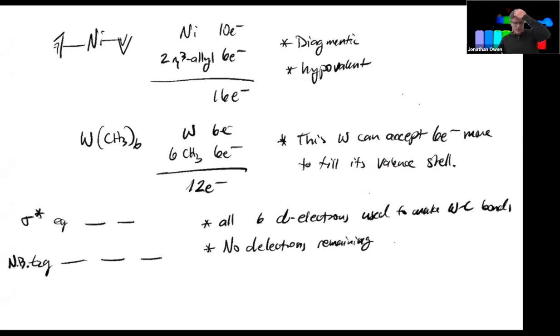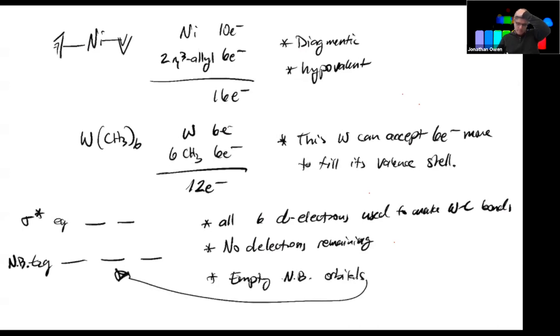No d electrons remaining, which means that you have empty non-bonding orbitals. Right? It's like borane.